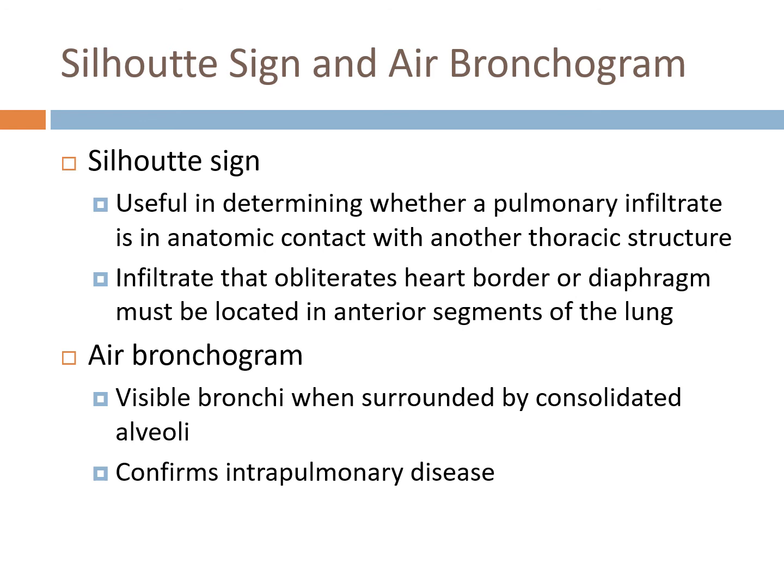Other things that help diagnose are a silhouette sign. So I'm going to define a silhouette sign. It's basically looking to see if there is a pulmonary infiltrate in an area where there are other thoracic structures. Sometimes it's really hard to see if there's something going on, because the technique of the film makes a difference, as well as how penetrated it is.